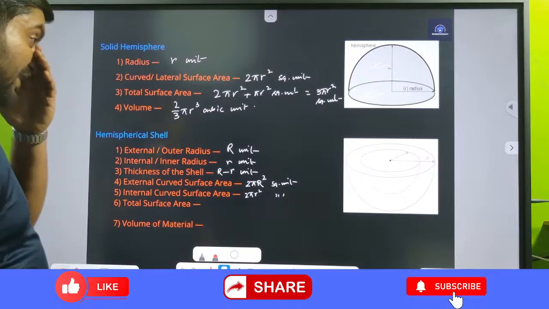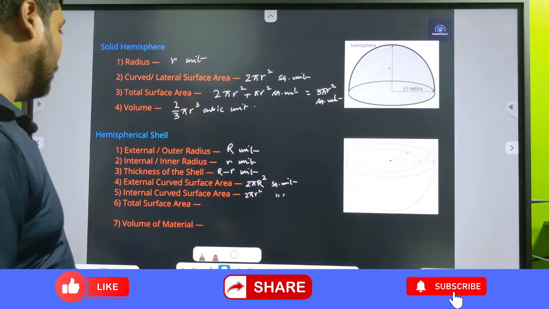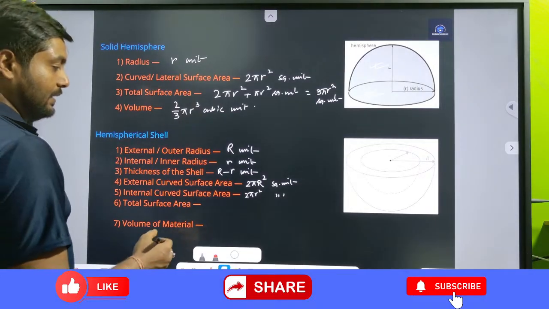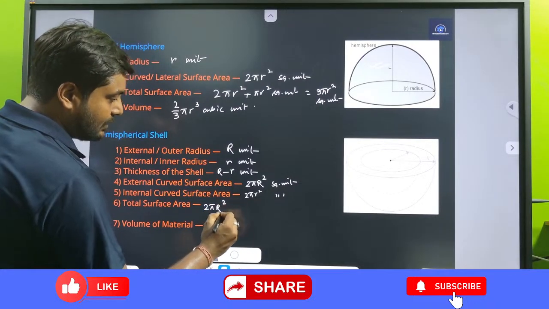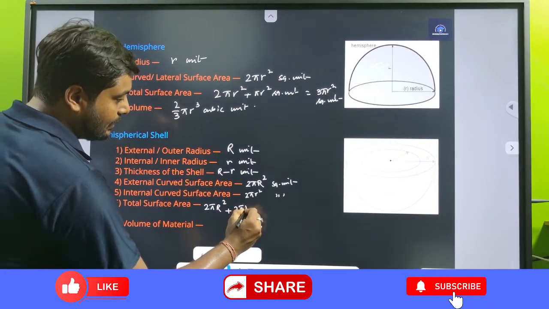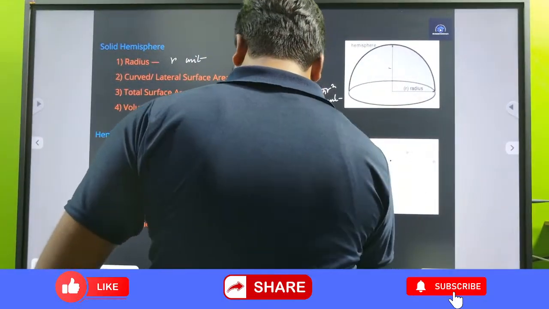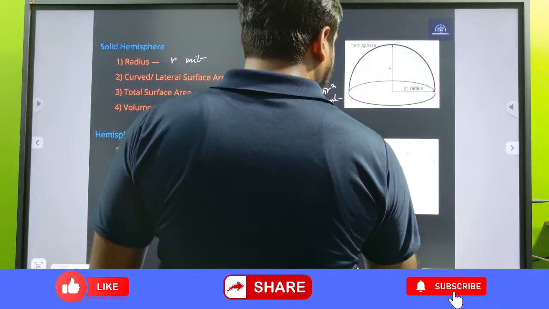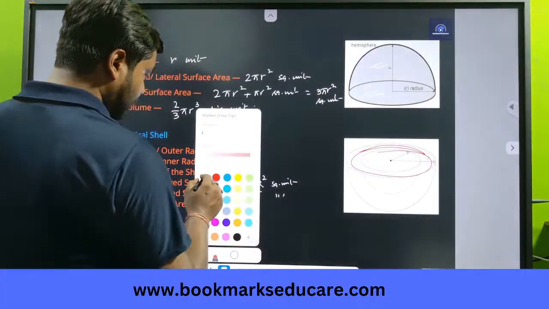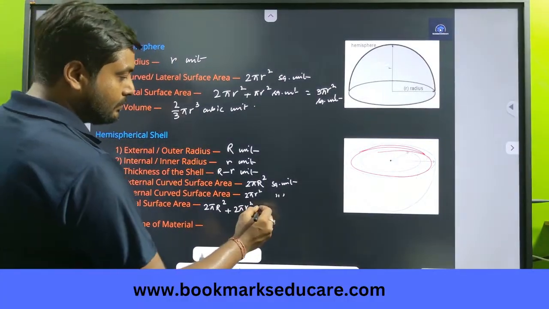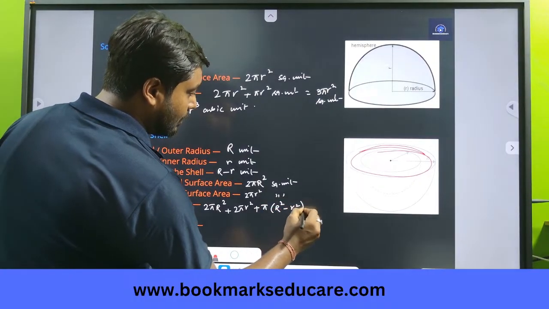And the total surface area of the hemispherical bowl or hemispherical shell will be the external curved surface area plus the internal curved surface area plus the area of this circular ring, that is pi capital R square minus small r square.